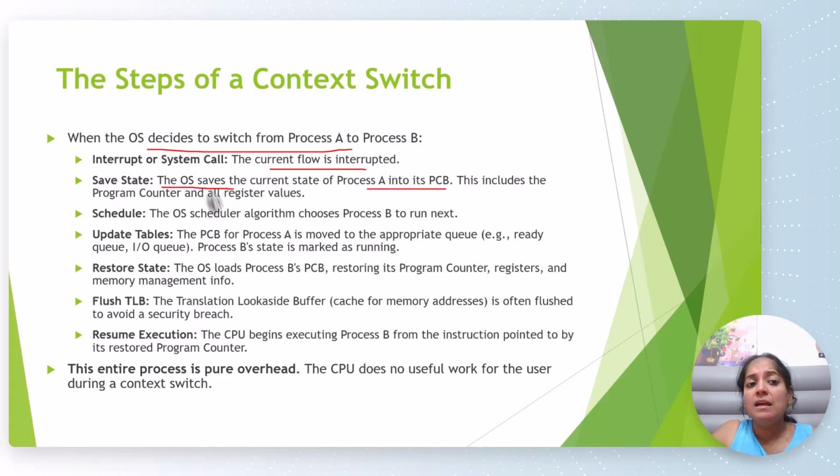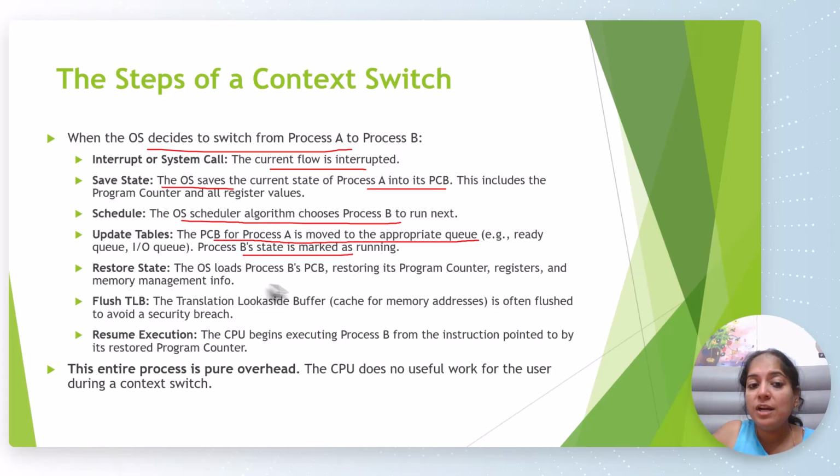Then, using the operating system scheduler, you choose process B to run next. The PCB for process A is moved to the appropriate queue, because process A is stopped, so it will go to the ready queue or input output queue, and process B is marked as running.